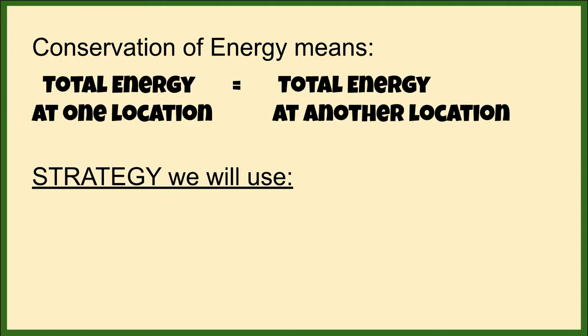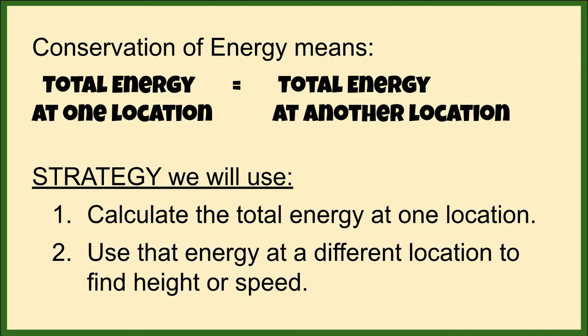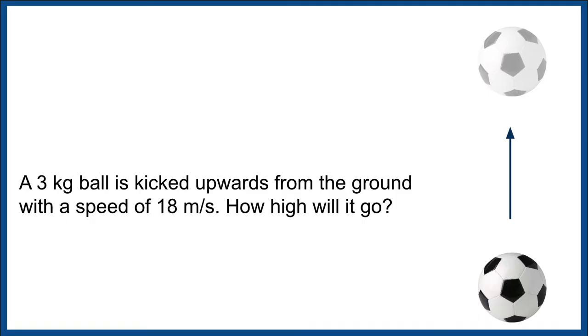So a strategy we'll use when we start putting some calculations into our work is we will figure out the total mechanical energy at some location, and then we'll use that total at a different location to figure out something we'd like to know, like the height of the object or the speed of the object.